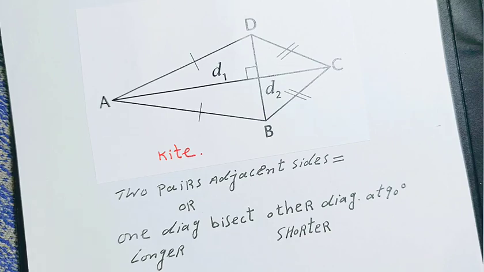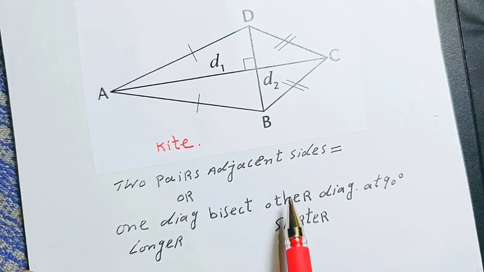You can prove two pairs of adjacent sides are equal, using the distance formula, or you can prove one diagonal bisects the other diagonal at 90 degrees, which means the longer diagonal bisects the shorter diagonal at 90 degrees. If you need to prove that the diagonals are perpendicular, you take the gradient of both diagonals and multiply. If it is equal to -1, then we can say they bisect at 90 degrees.